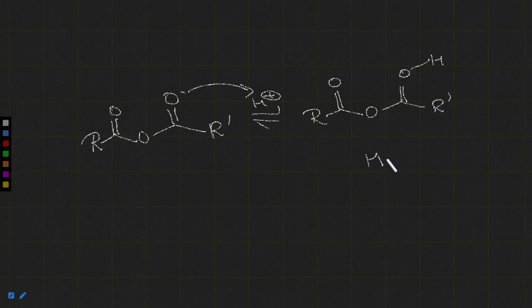Now we have H2O in water. Suppose this H plus is given by H3O plus. Now we are left with H2O. Now this H2O, oxygen has a lone pair, it will again attack here. So we have a positive charge on oxygen first of all.